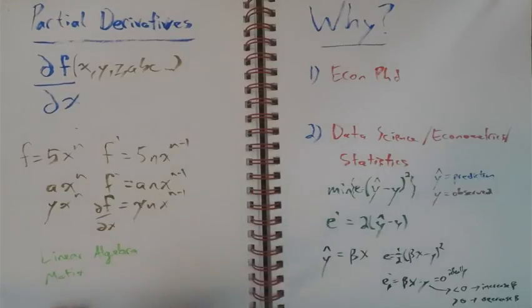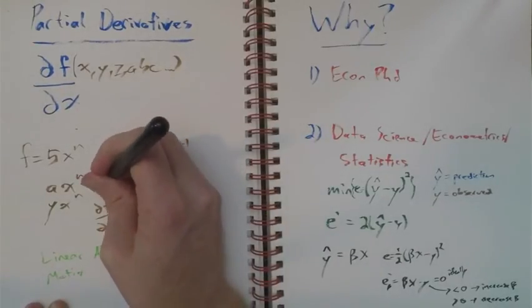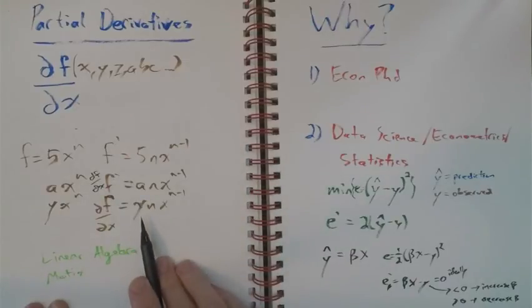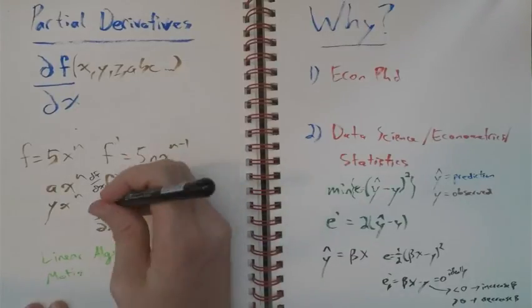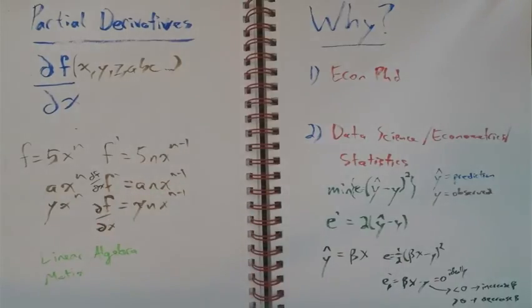So over here, let me change colors. This is df dx. When y is a variable, it's this slightly different d. It's partial f, partial x. So to actually take a partial derivative, easiest thing in the world once you know how to take a derivative.